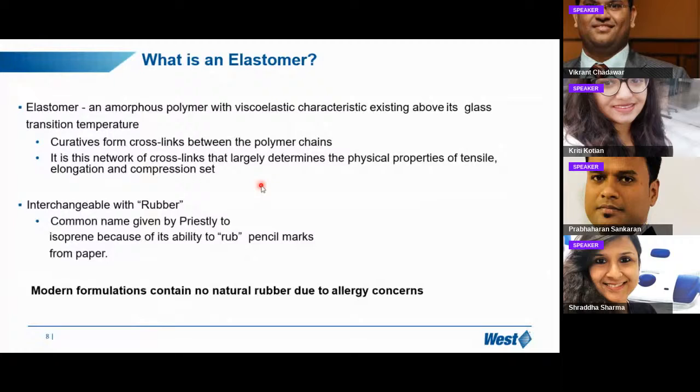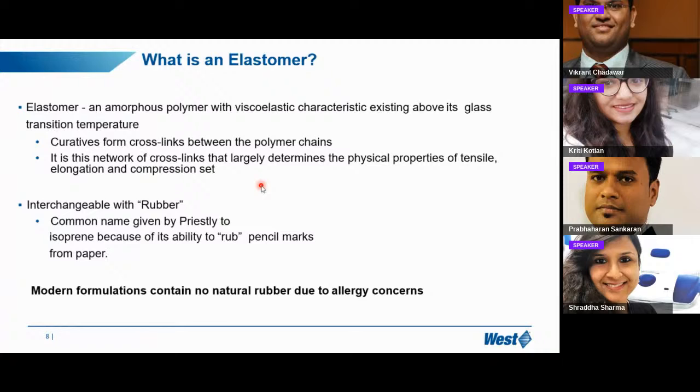And when you remove the needle, it should come back to its original position. So it should have a good amount of strength. It is also impermeable to water and has high resistance to abrasion. These are very important when you are talking about elastomeric stoppers.